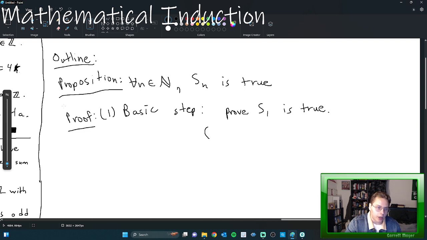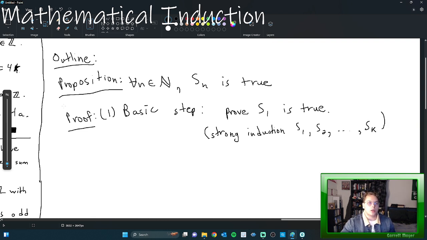Or in the case of strong induction, we have to prove a set of initial statements true. So we'd prove S1, S2, up until SK are true, for example. Or we could just say up until SM. So these are initial statements.